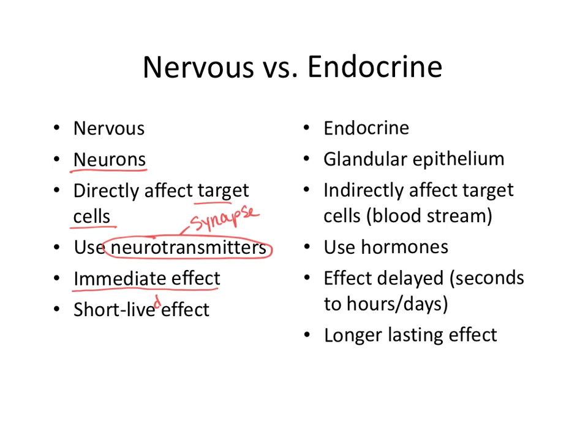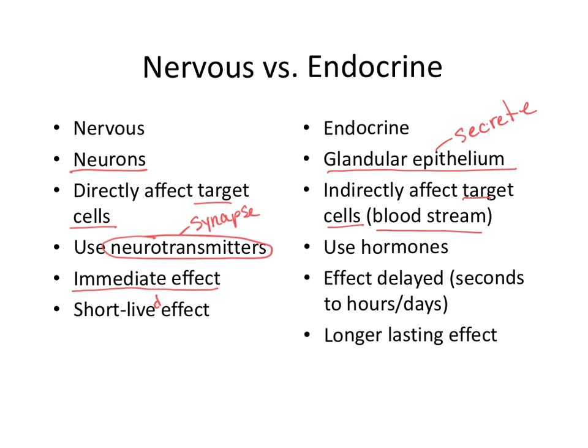The endocrine system is kind of the opposite. Instead of using neurons, we use glandular epithelium. And what this means is that they are going to secrete substances into the bloodstream, and then those substances, the hormones, are carried around the body to the target cells.